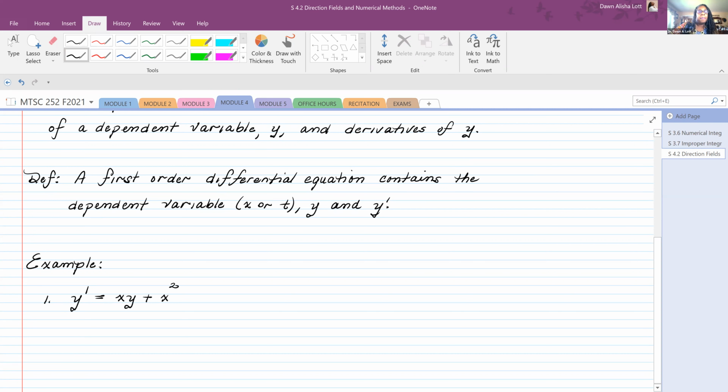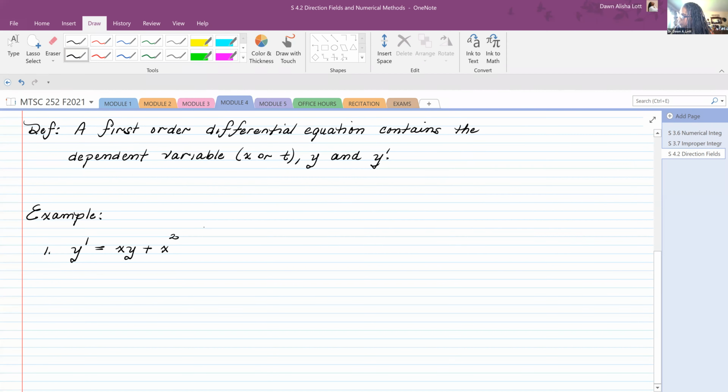Okay, and I may give you what we call a condition on y, such that y of x naught is equal to y naught. You may get something like y prime is equal to y times 1 minus y. Okay, y of x naught is equal to y naught.